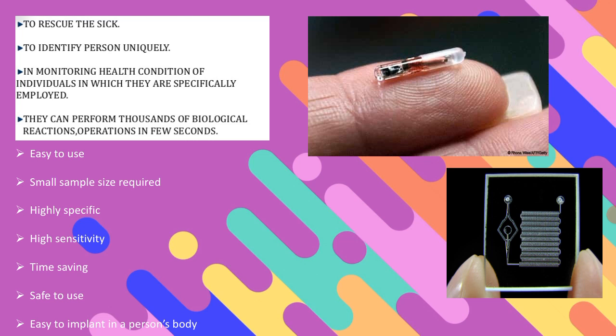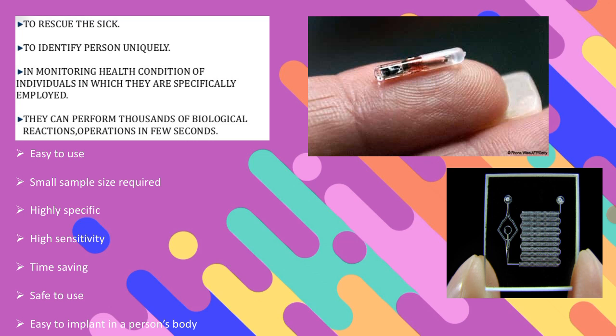Then they can perform thousands of biological reactions and operations in a few seconds. It is highly specific, highly sensitive, accurate, less time consuming, less sample consuming. So these are the many advantages of the biochips. It is easy to use.